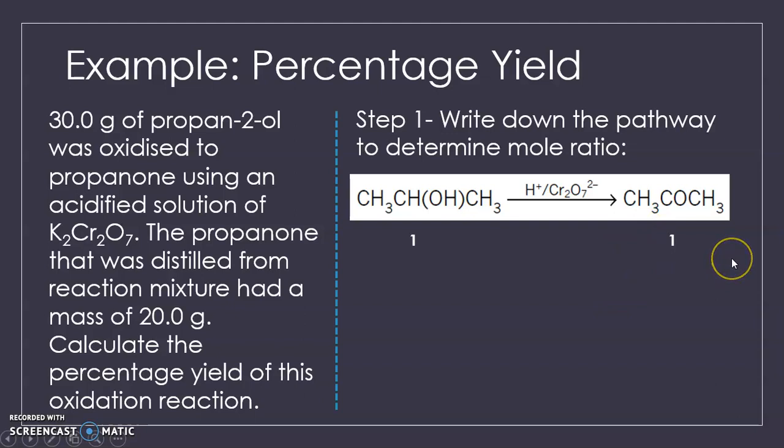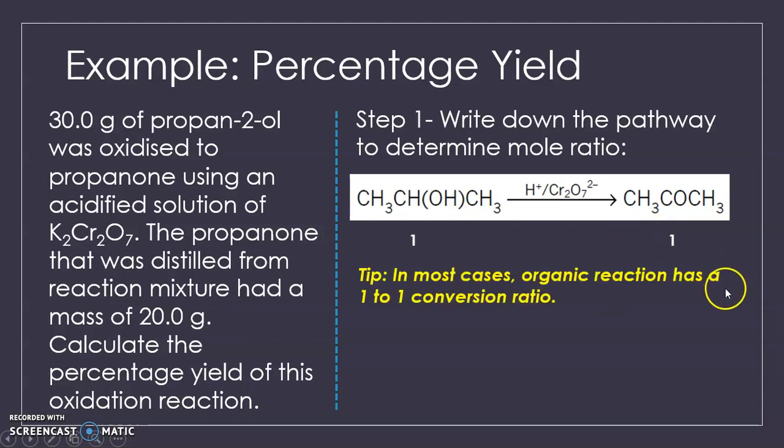Actually, in most cases, organic reactions have a 1-to-1 conversion ratio. If you recall, when we first introduced the reaction pathways, we mentioned that organic reactions are about the reaction of the functional groups. So if your reactant only has one functional group that will participate in that particular reaction, then you can be almost certain that the conversion rate is 1-to-1, because obviously the rest of the chain, the hydrocarbon chain, will remain the same.